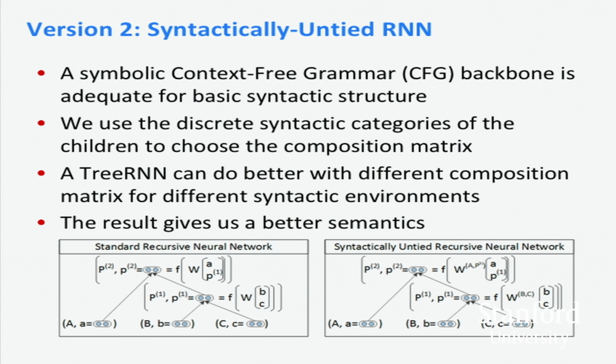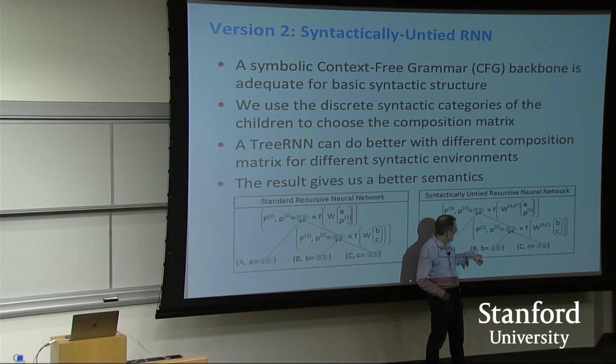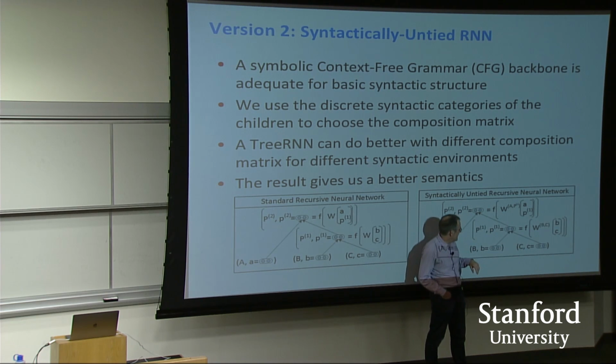And so we can start with that observation and then build the kind of flexibility of composition that we're wanting by saying, well, if we know something about syntactic structures in a categorical way, if I walk right over here, we can know the categories of the children. So maybe this is a preposition and that's a noun phrase.